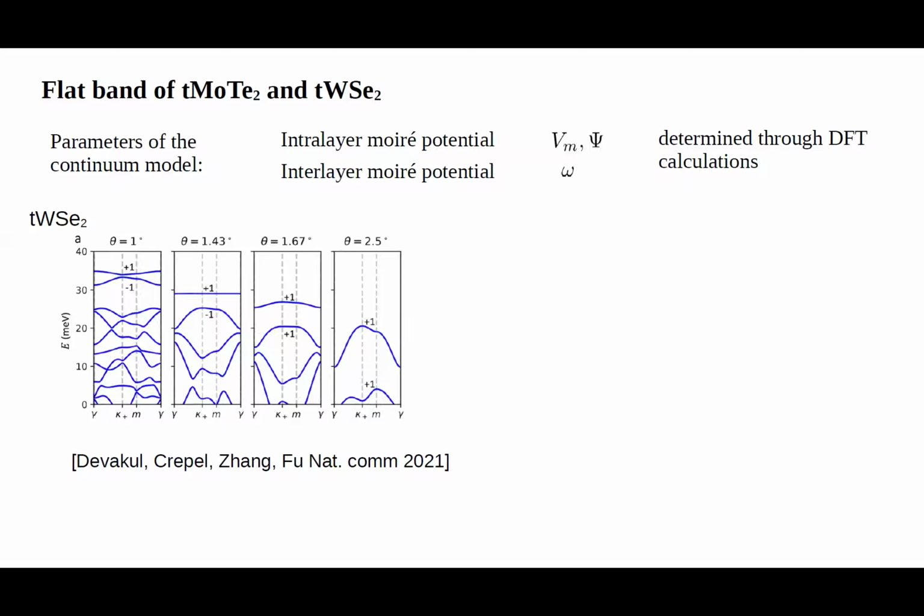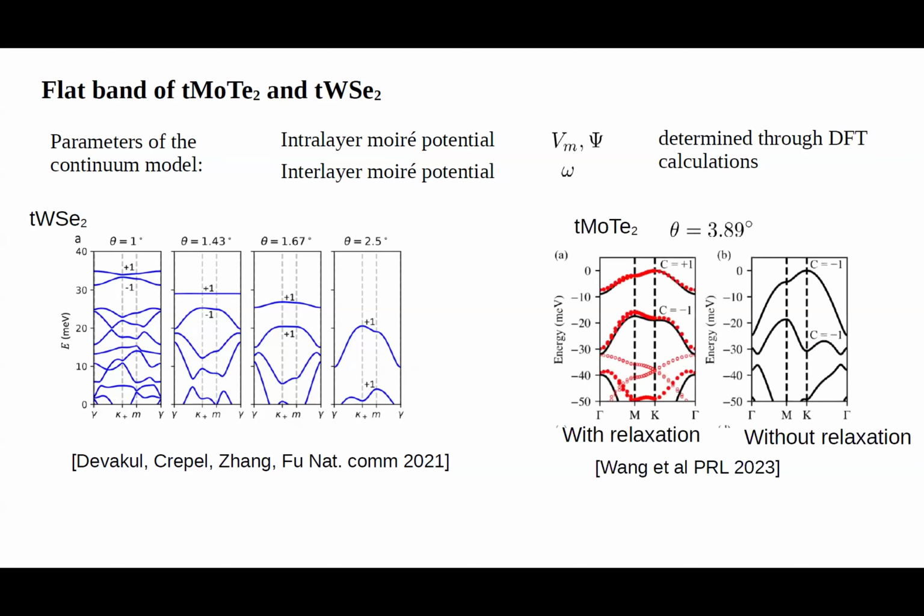It's not an easy thing to do, and it comes with a lot of finesse. There have been a lot of different results that I wouldn't say are completely contradictory, but to obtain enough precision on which angle is the band the flattest, it becomes a bit tricky.